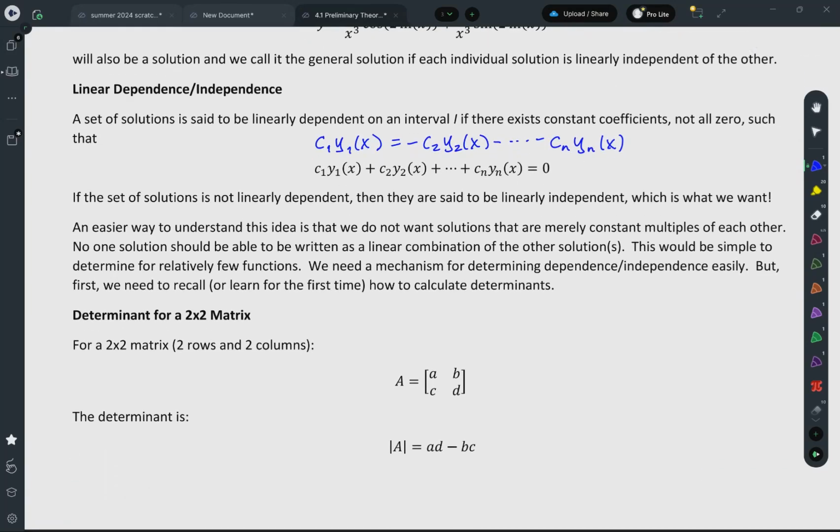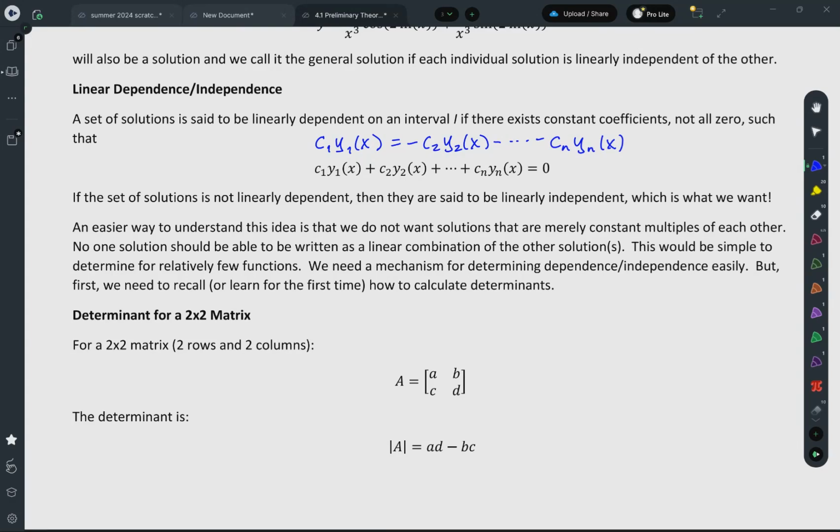If we can look at two solutions and see that they're constant multiples of each other, then that's an easy explanation. If, for example, we have three solutions and one of them can be written as a linear combination of the other solutions and you can easily determine them, then that's great, go for it.